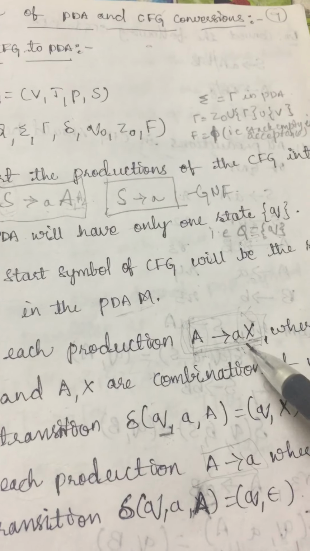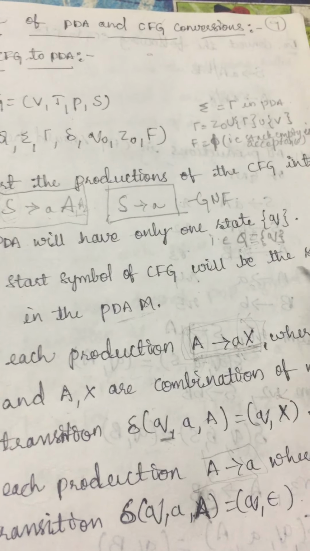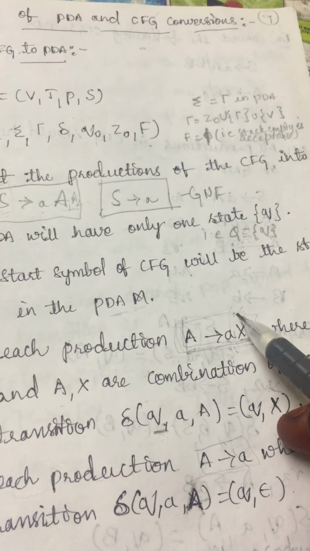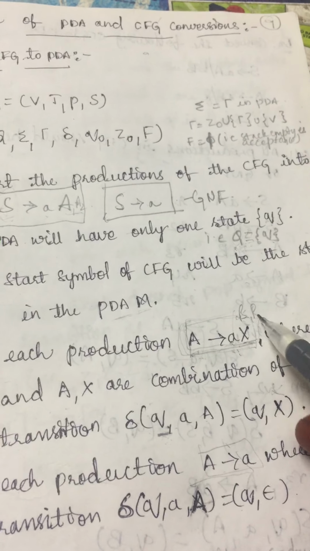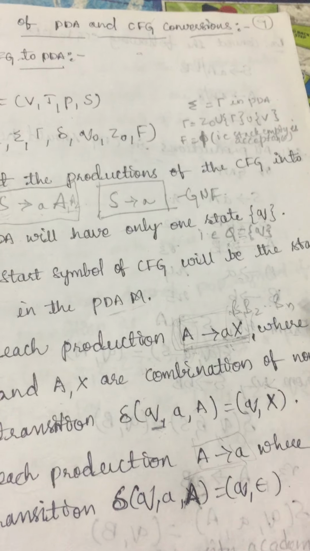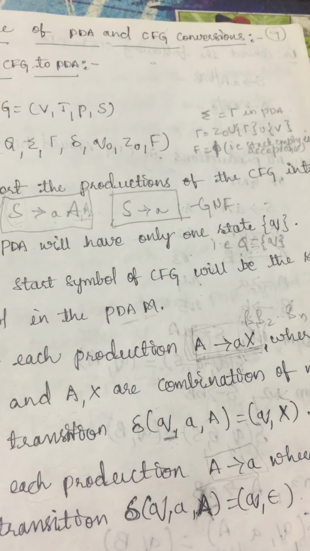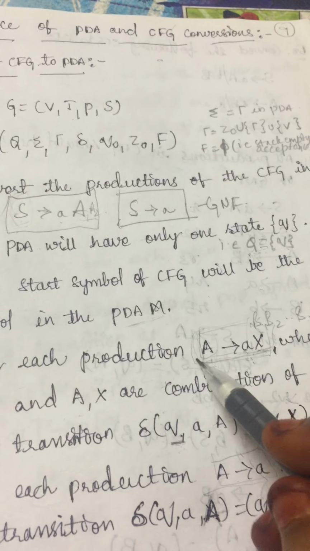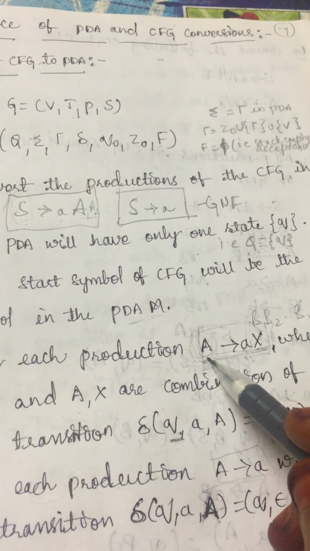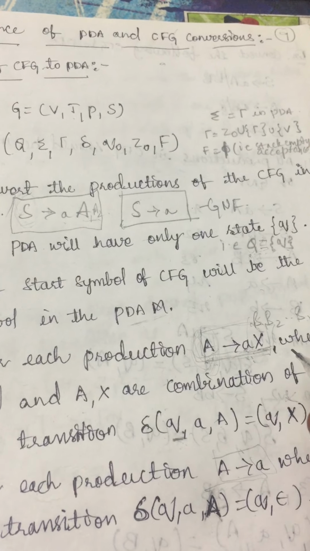So here X indicates a combination of n number of non-terminals. Here it could be B1, B2, and so on up to Bn. And obviously this A on the LHS is also a non-terminal.